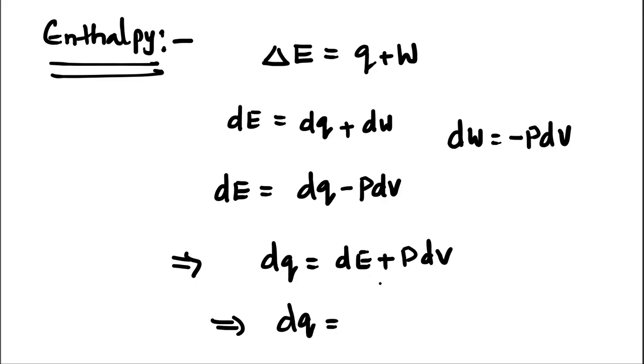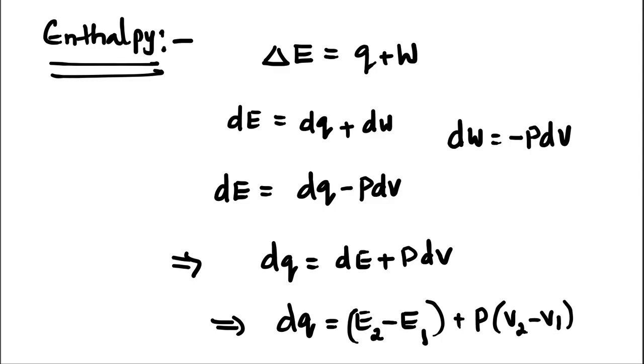Now I can expand this one. dQ is equal to E2 minus E1, that means final internal energy minus initial internal energy, plus P times V2 minus V1. So dQ is equal to E2 minus E1 plus PV2 minus PV1.